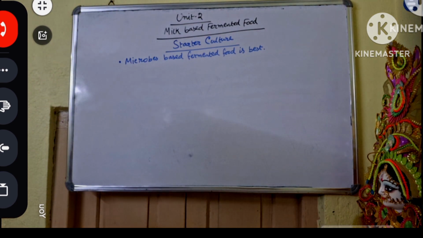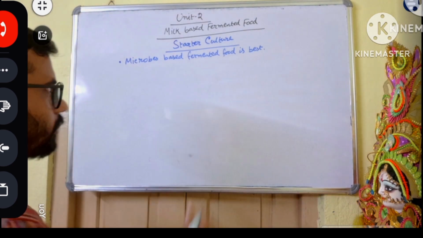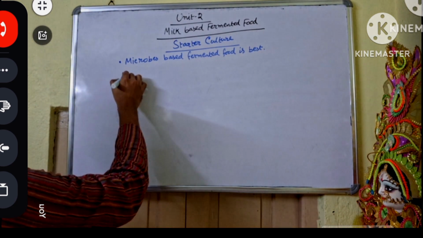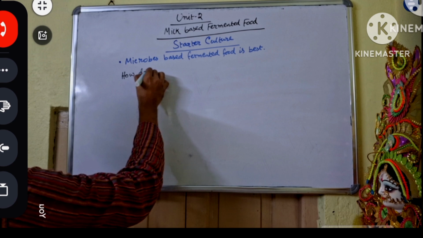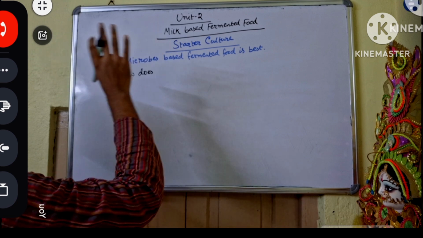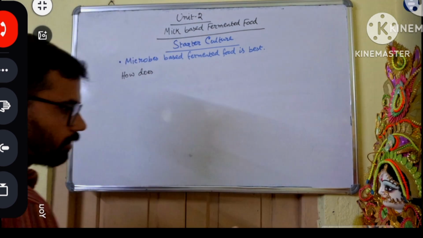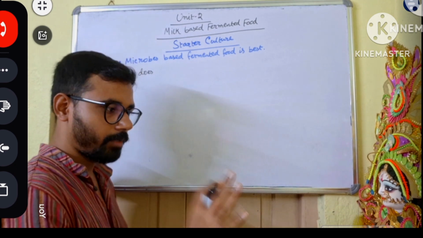So the next question is, how do we use microbes to ferment food in industry? We clearly see that microbe-based fermented foods are best, and we try to achieve that by microbial fermentation.